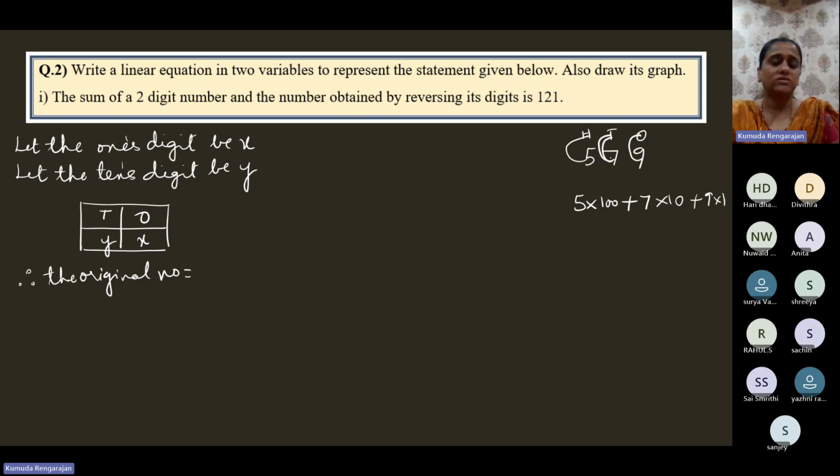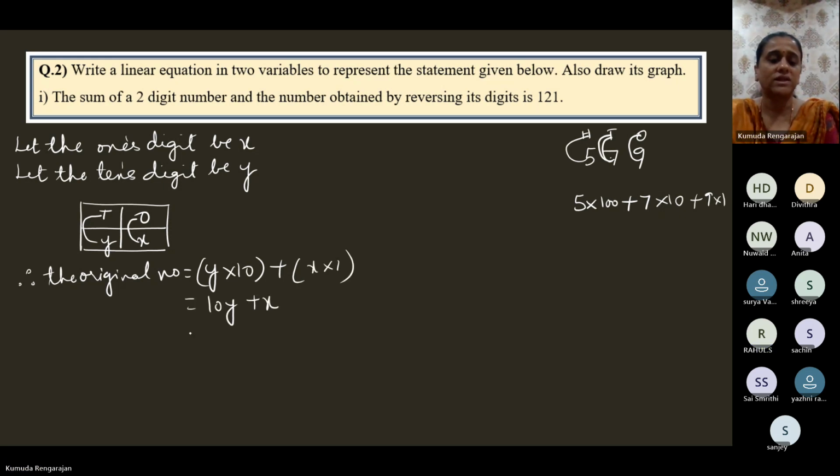That's how we write a number in the expanded form, and that's how we are supposed to write the original number here also. So the original number is y into 10 plus x into 1, which is 10y plus x. That's the expression for the original number.